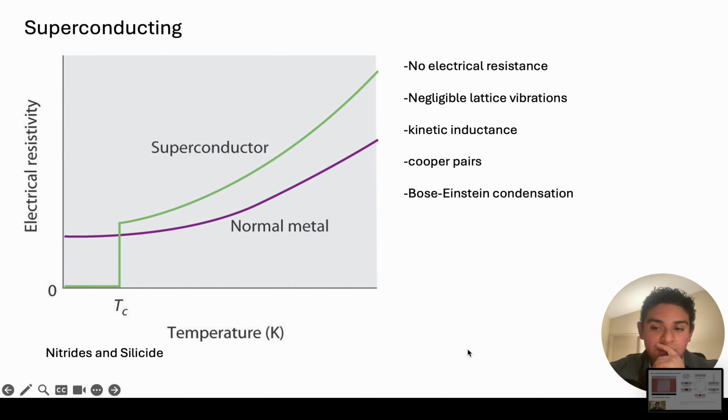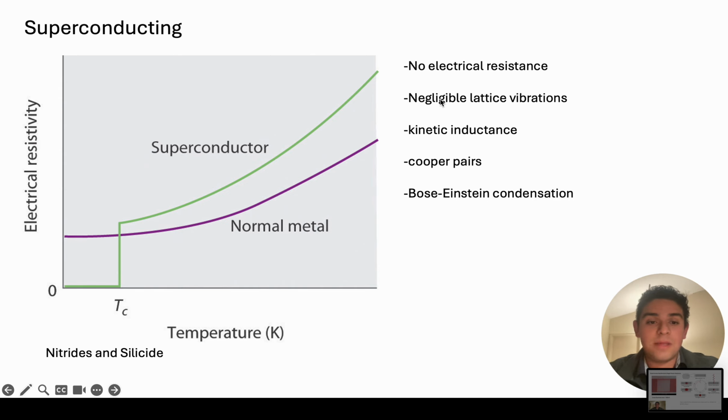What that means is that we have no electrical resistance, so current can just flow freely and is unimpeded by anything. Another thing is that at low temperatures, we're dealing with very, very small amounts of thermal energy, ideally no thermal energy. So we have negligible lattice vibrations.